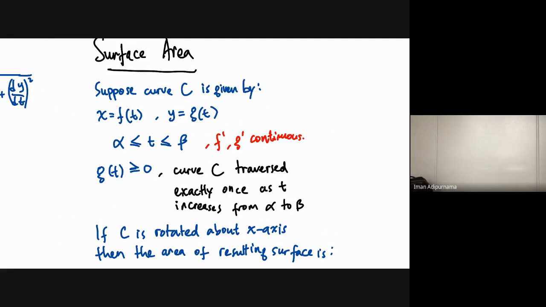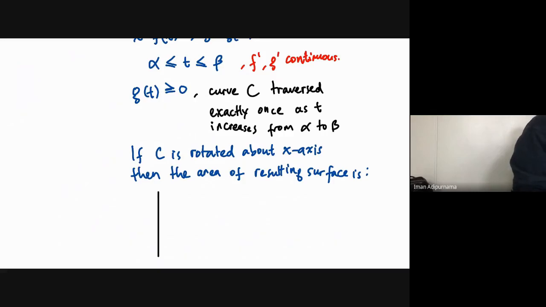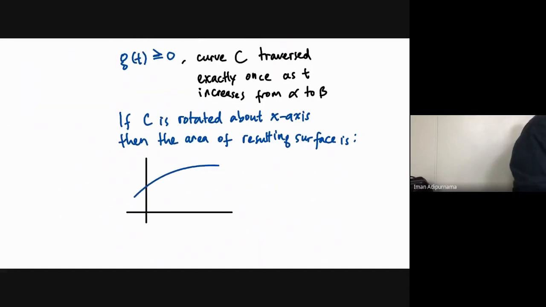To be able to calculate the surface area, we cannot really handle the loop. So one important thing here is the curve needs to be traversed exactly once. So for example, let's see, this is the curve. You need to rotate it about the x-axis.